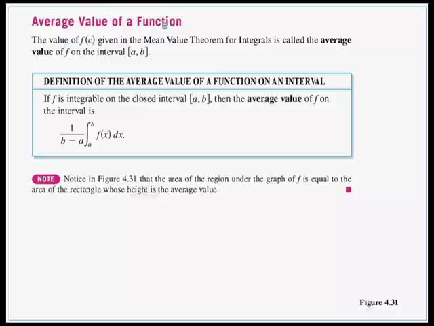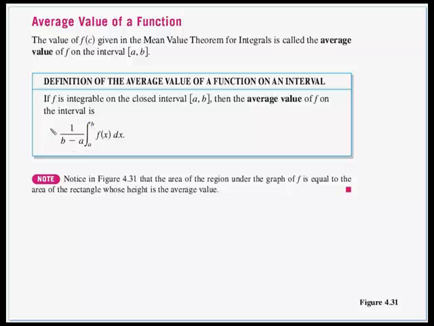And this leads us to the average value of a function. The value of f of c, given in the mean value theorem for integrals, is called the average value of f on that interval from a to b. So our definition for the average value of a function on an interval: if f is an integrable function on a closed interval a to b, then the average value of the function on that interval is 1 over b minus a times the definite integral from a to b of our function f of x dx.